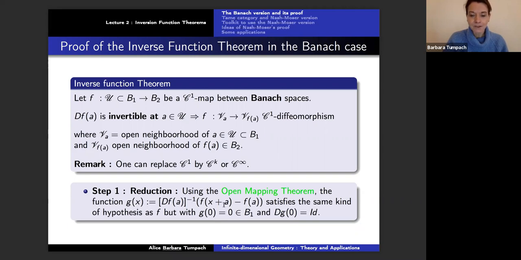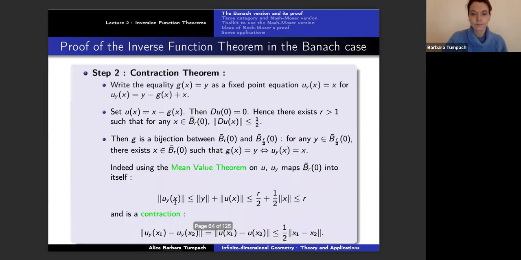Anyway, we subtract the value of F(A) and we apply the inverse of the differential, and we end up with a map sending 0 to 0 such that the differential of this map at 0 is the identity. Okay, so this will simplify the notation afterwards. So now we have a map sending 0 to 0 with differential equal to identity at 0.